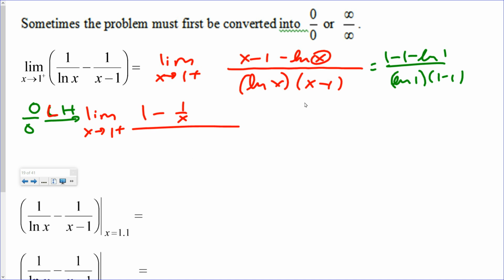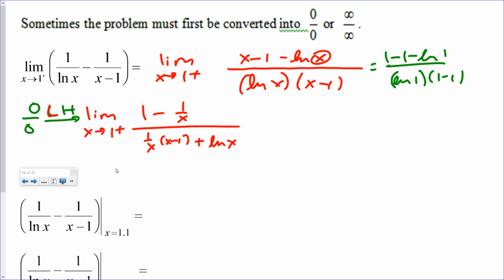One wrong answer is 1 over x times 1, because it's not the derivative of this times the derivative of this. How do you do the derivative of two factors multiplied by each other? Product rule. So it's the derivative of the first times the second plus the derivative of x minus 1, which is just 1, times the first.